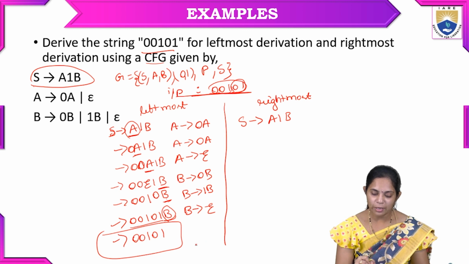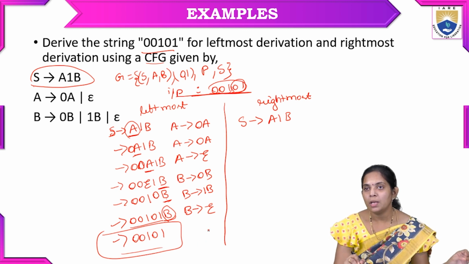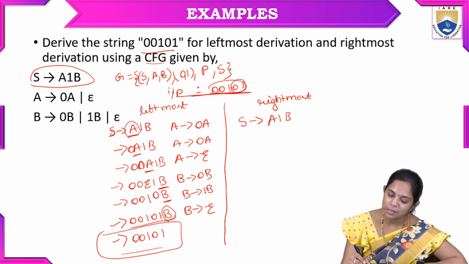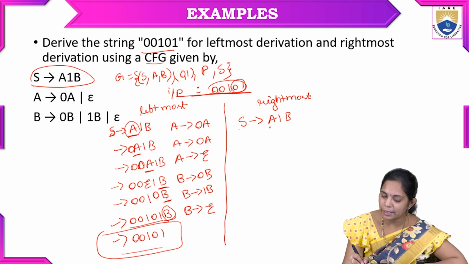So we have the leftmost derivation with the input string 00101. So like that we will also convert this to a rightmost derivation. So with the start state we have to take the start production rule. In the rightmost derivation, we have to replace the non-terminal on the right hand side.